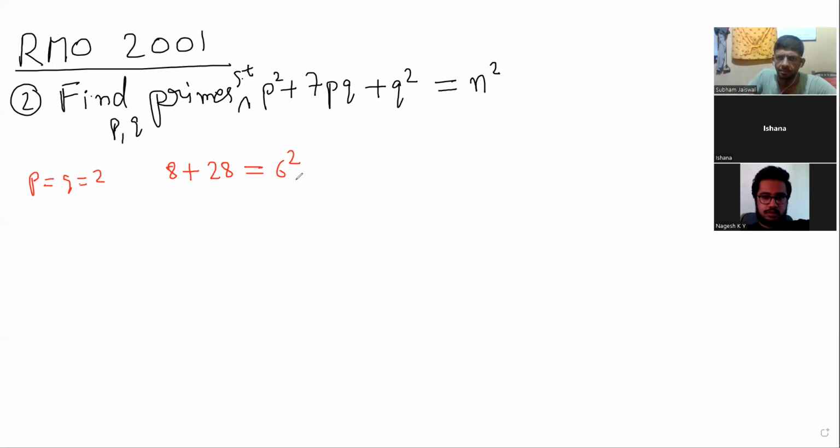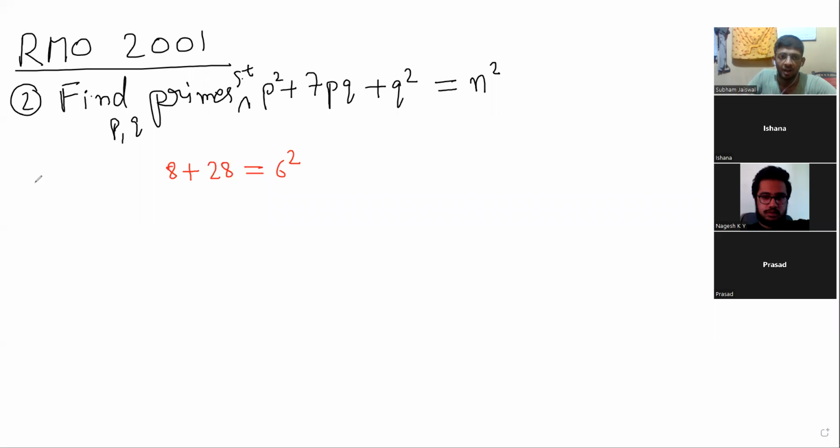If P is equal to Q, then it will always be 3 into P. The expression will be an integer. So if both are P, then 3P. Oh, yeah, wonderful. Yes, obviously. Correct. That was easy.